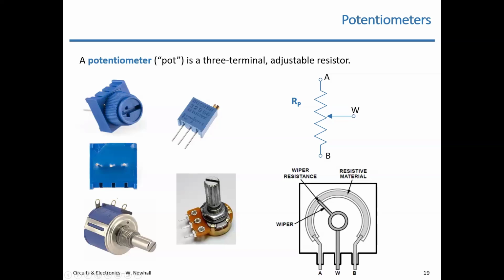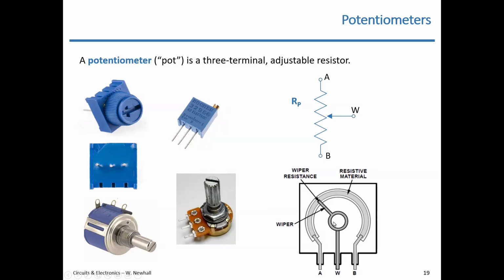This terminal in the center labeled W is called the wiper. That wiper wipes along or drags along the resistive material. So you can imagine this is metal here, and then somehow it rubs along this ring here, and then there's a metal terminal, or wiper, that connects W to some point along this resistive material.